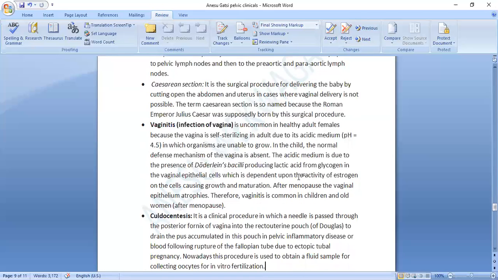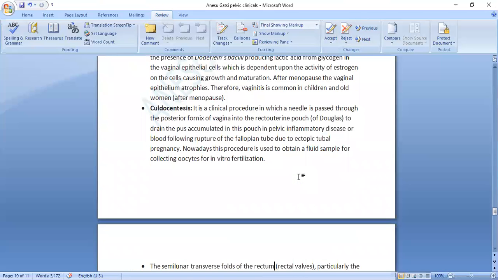Then you have a process that is known as culdocentesis, that is passing a needle through the posterior fornix of the vagina into the rectouterine pouch, normally done to drain pus that would have accumulated in diseases causing pelvic inflammatory disease, or blood following rupture of the fallopian tube.